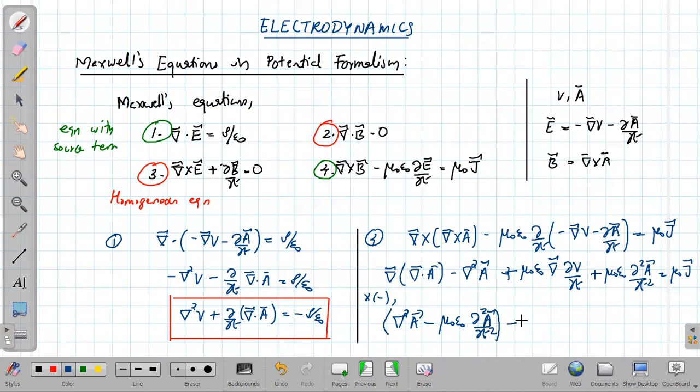Then minus del of del dot A plus mu 0 epsilon 0 dou V by dou t, equal to, sorry, there is a minus sign, minus mu 0 J. Good. So that would be the other equation.